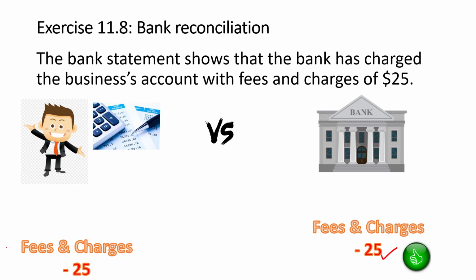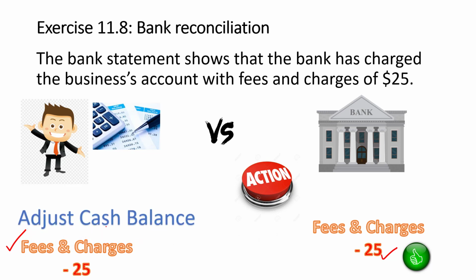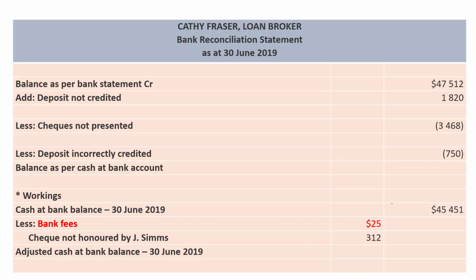So we need to adjust our cash balance by deducting $25. The record in the bank is correct, so we put additional working here for our cash balance: bank fee, minus 25.